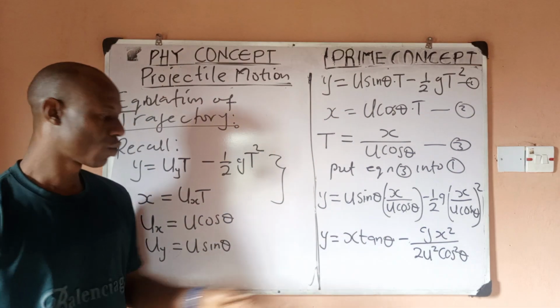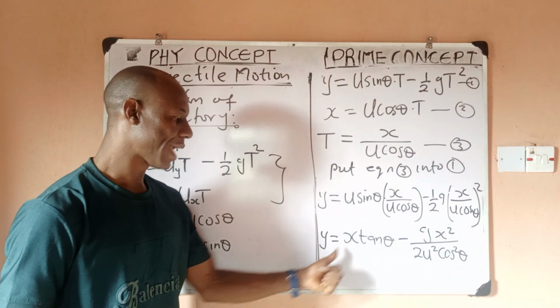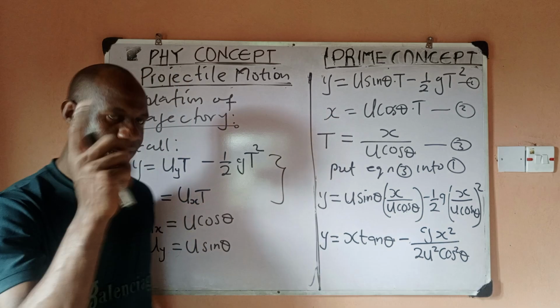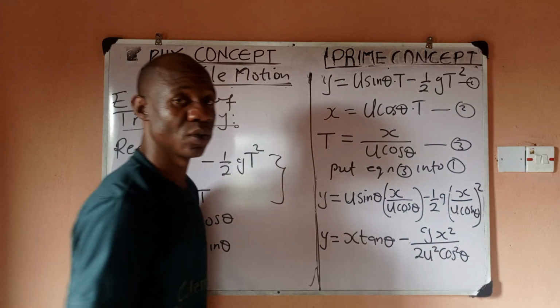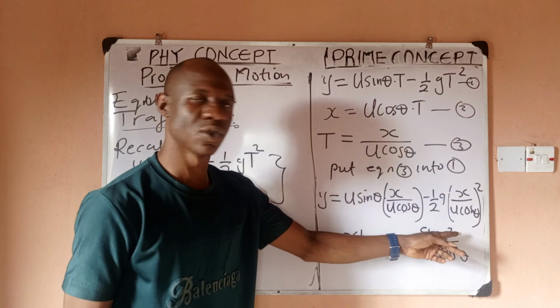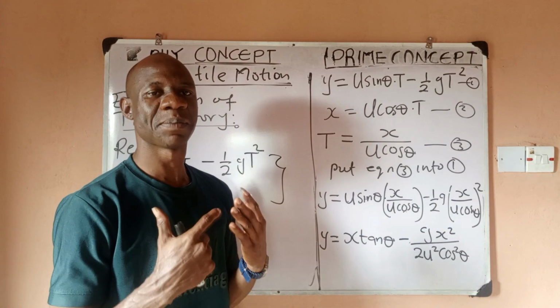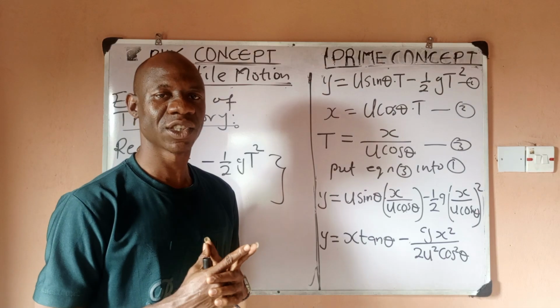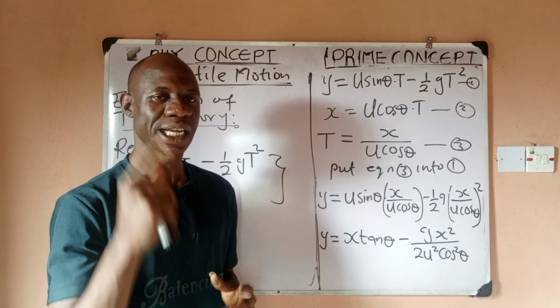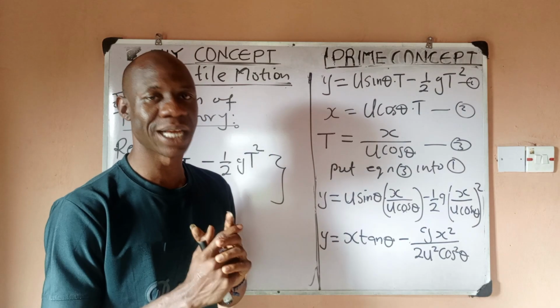So you can see that my equation is in terms of y and x. Can you see that our x is carrying a power of 2? The highest power of x is 2. When you have a highest power of x to be 2, it means you're dealing with a quadratic equation, and a quadratic equation is actually the equation of a parabola.